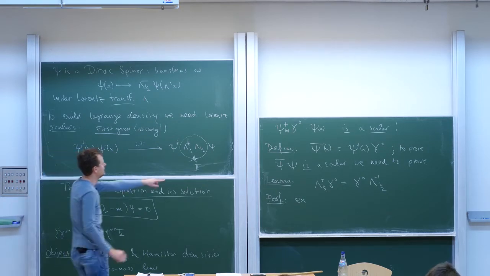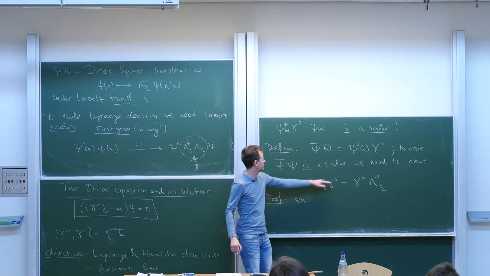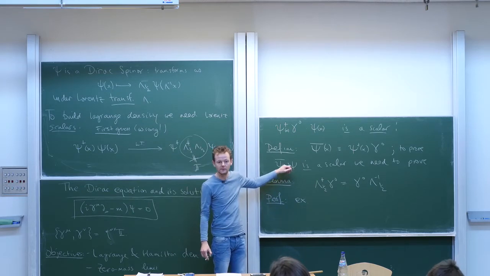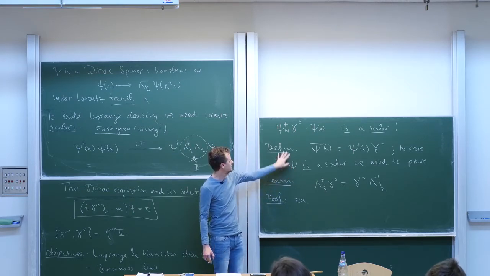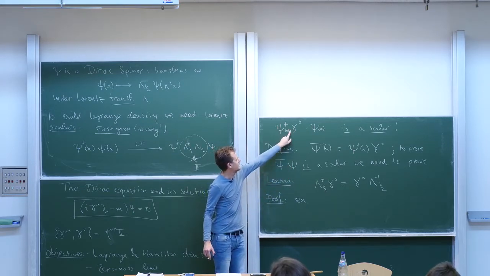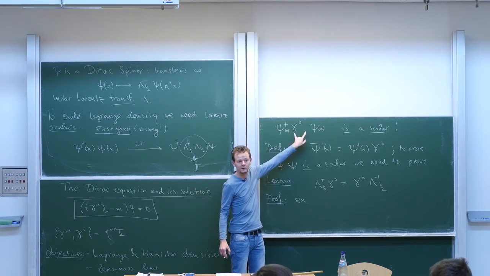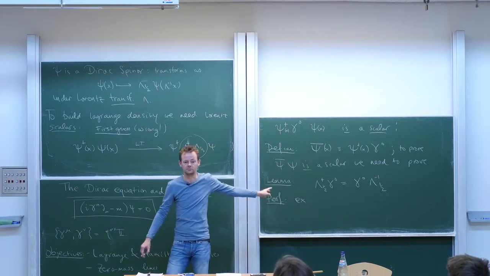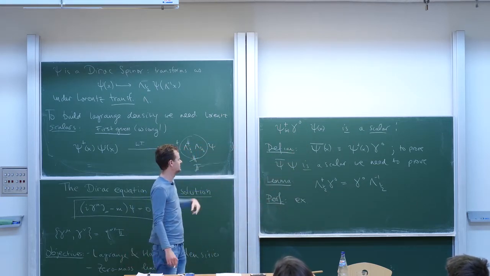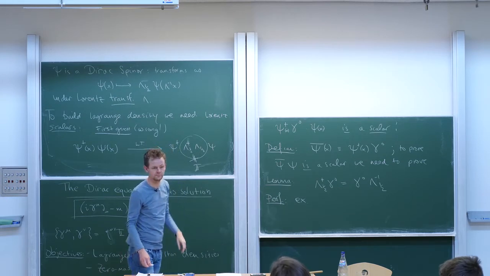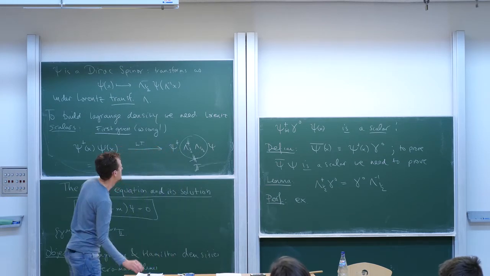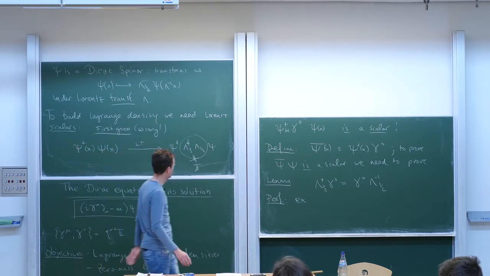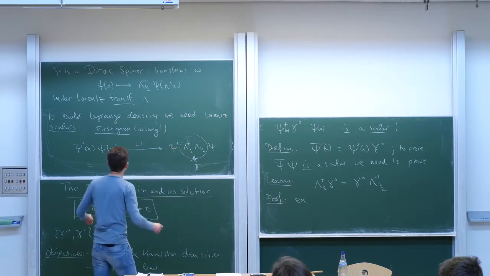Given this lemma, we can easily see that in a different reference frame, psi bar psi has the same form. We make a Lorentz transformation. We get a lambda one-half dagger here, a lambda one-half here. Lambda one-half goes past the gamma naught to become lambda one-half inverse, which is then equal to the identity when multiplied by lambda one-half. And then we end up with psi bar psi again.